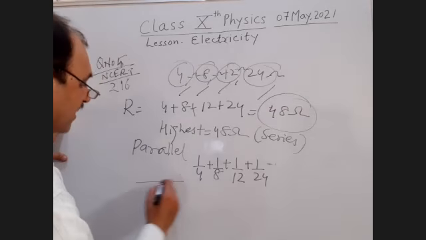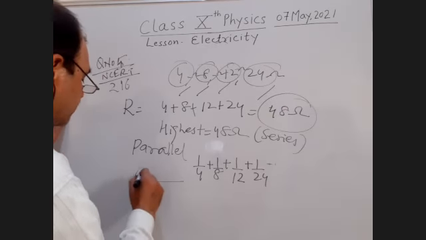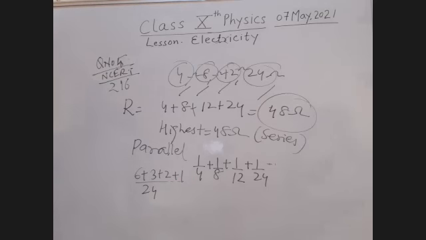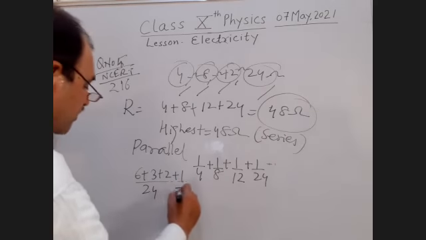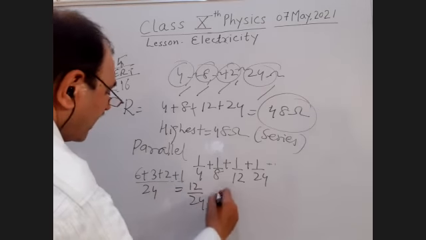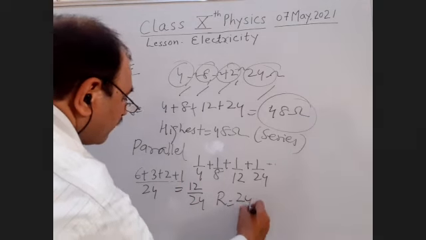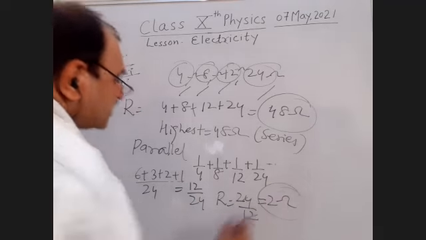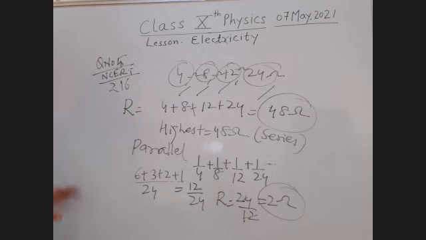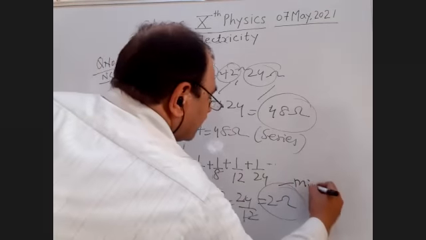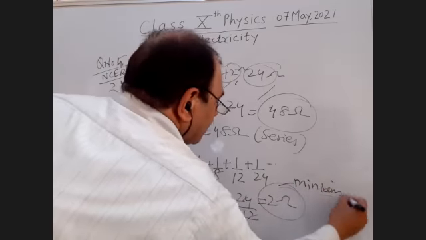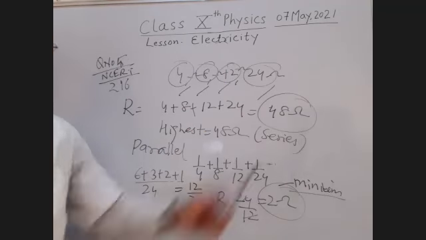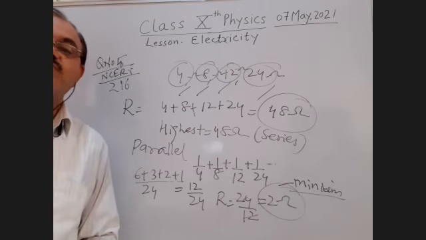Now, LCM is 24, so 6 plus 3 plus 2 plus 1 gives 12 by 24, and R is equal to 24 by 12, which is 2 ohm. This is the minimum resistance when they are connected in parallel, 2 ohm, and the maximum is 48 ohm.